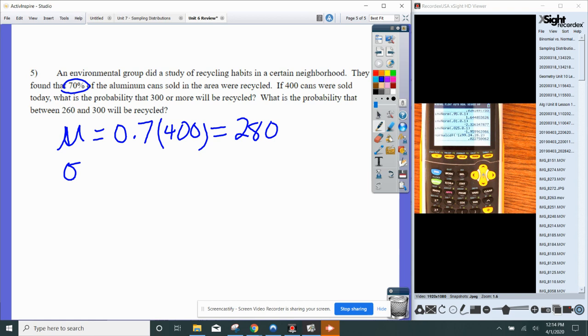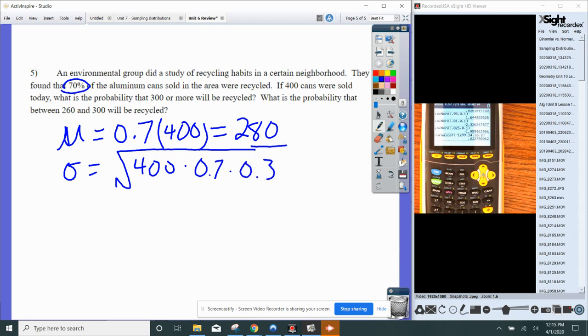That's what's expected. Now, I don't think we talked about this a lot, came up in a few videos, but to actually calculate the standard deviation of something normally distributed, we're going to take the sample size, which is 400, multiply times that 70%, and then also multiply times 1 minus that percentage, so 0.3.